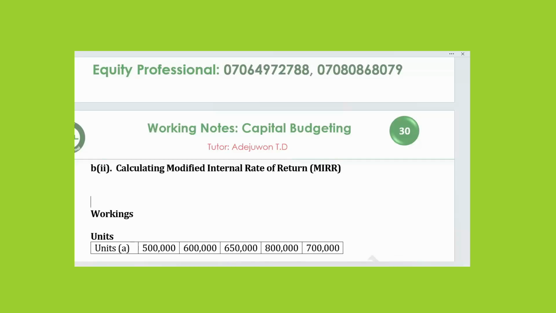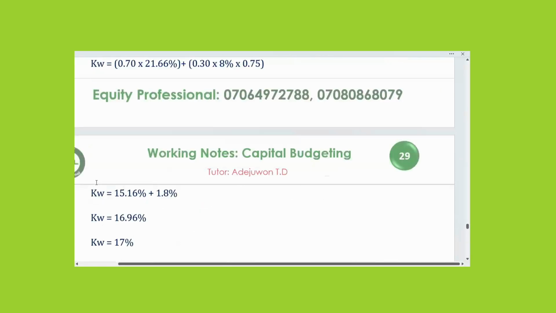How do you calculate modified internal rate of return? We said that modified internal rate of return can be calculated using either the terminal value method or the present value method. And I told you specifically that the present value method should be used if you have calculated NPV before, or if NPV is given to you and you are asked to calculate modified internal rate of return, then the best method will be the present value method.